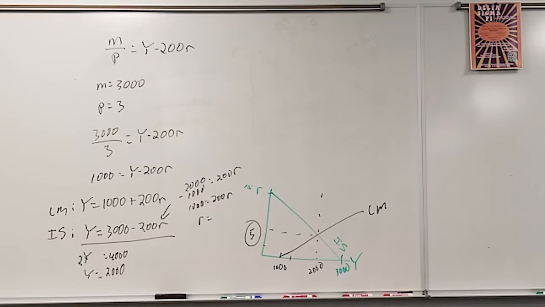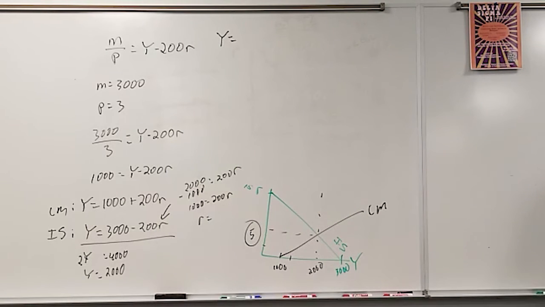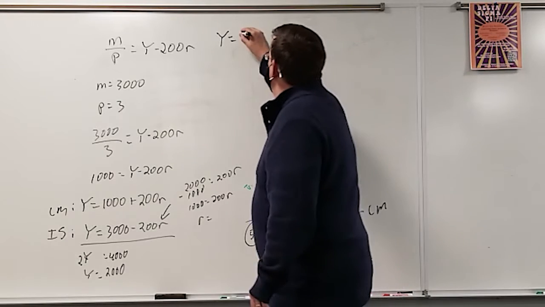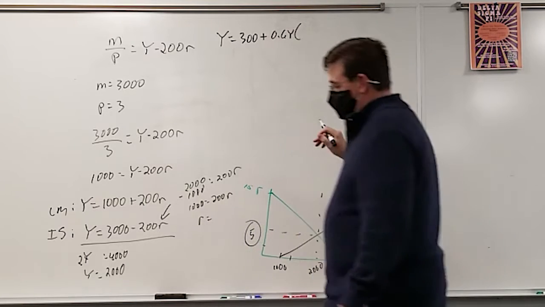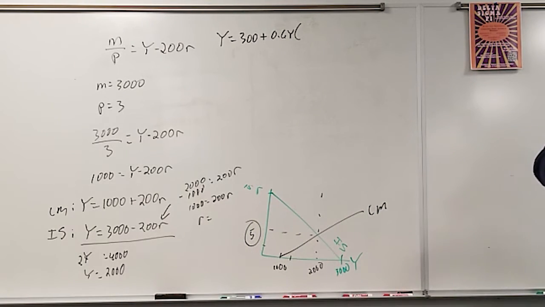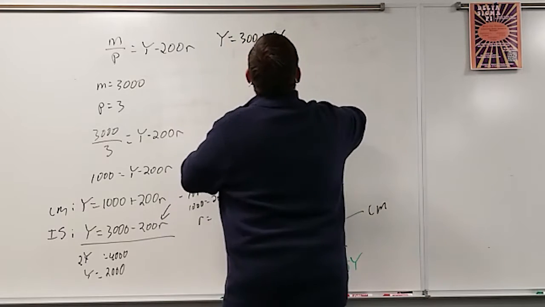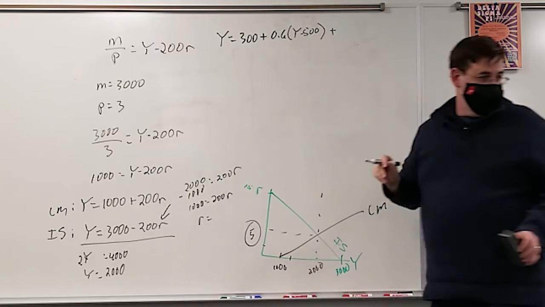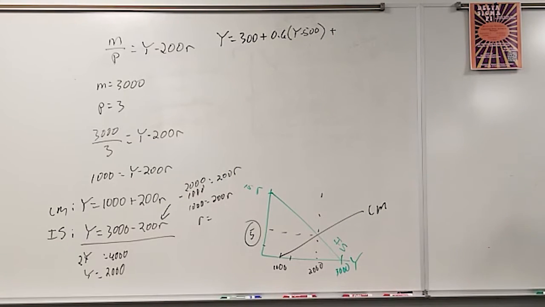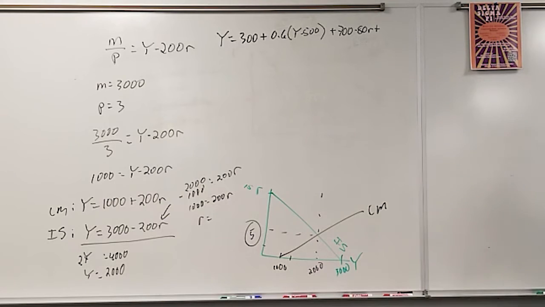If we increase government spending from 500 to 700, we have to work this through again. y is equal to 300 plus 0.6 times y minus t, y minus 500, minus 80r plus 700 now.